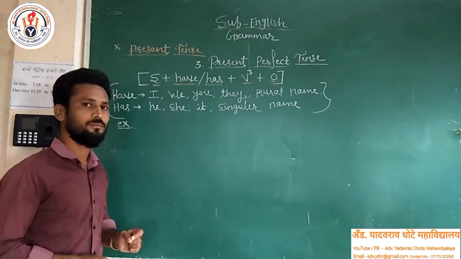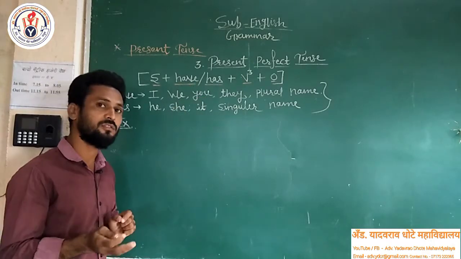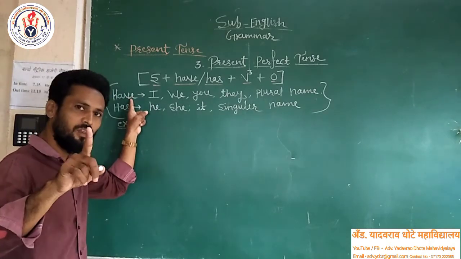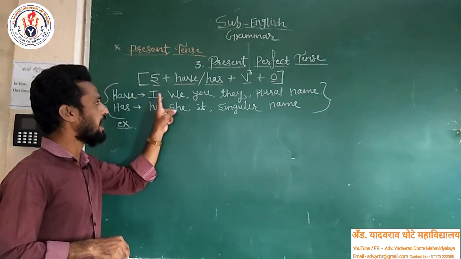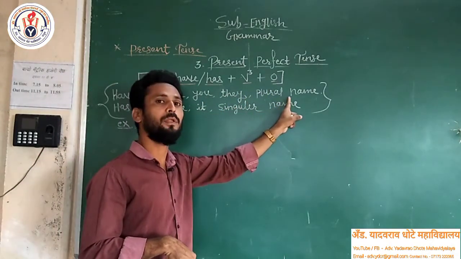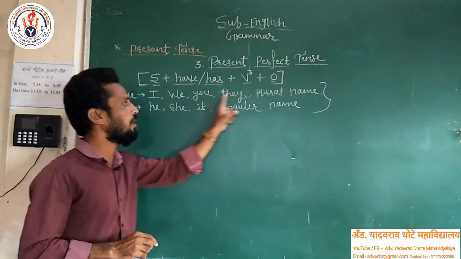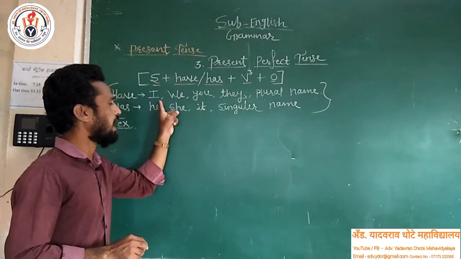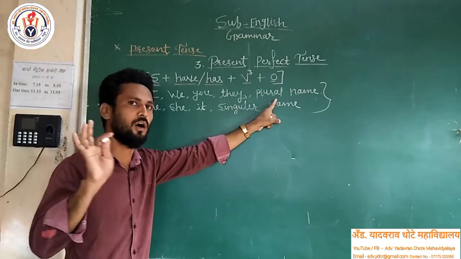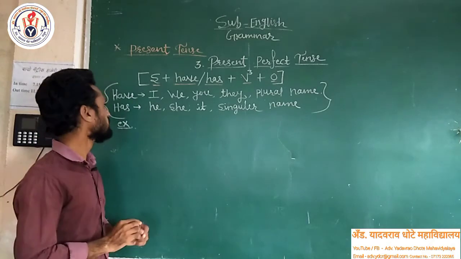So here you will come to know when we will use have and with which subject we will use has. First of all, have. If the subject is I, we, you and they, as well as all plural names, anekvachan, all plural nouns, for those subjects we will use have.